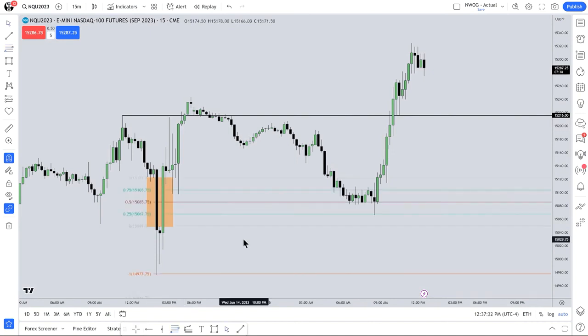Where are the bodies of the candles over here stopping? I know, it's some serious shit there, ain't it? That's algorithmic. All the bodies of these candles here are respecting the midpoint of this balanced price range.